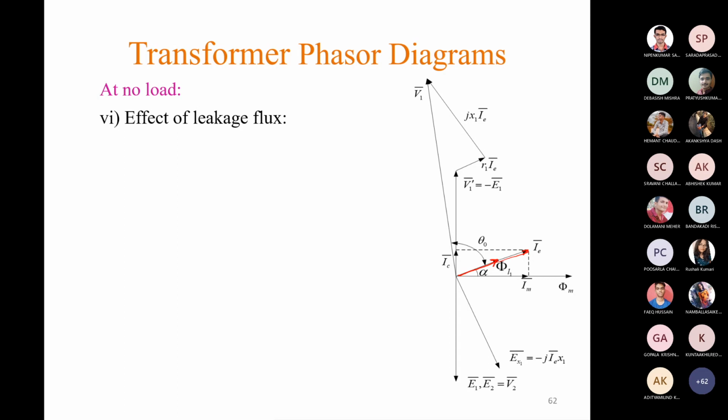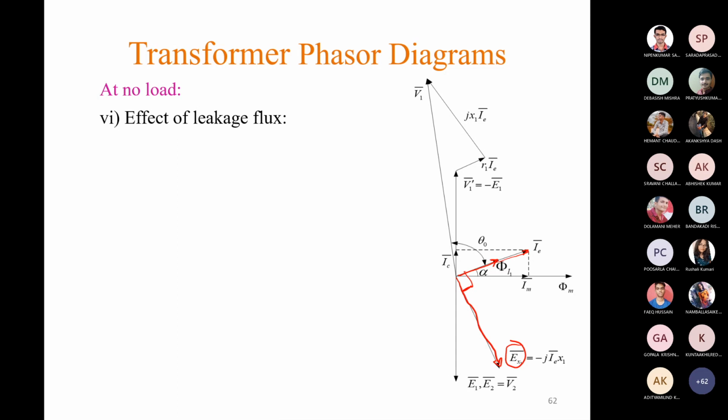So this phi L1 will produce its own EMF which will lag this flux by an angle of 90 degrees. So EX1, this induced voltage, is due to this phi L1. This phasor is lagging phi L1 by an angle of 90 degrees.